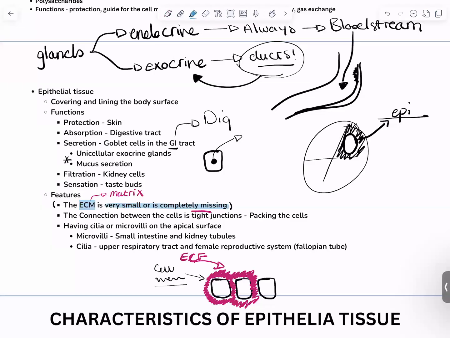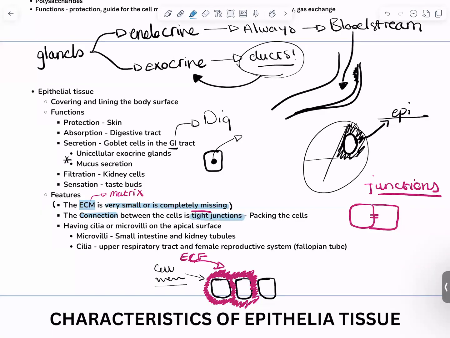And between the cells, there's a kind of connection. We call them junctions. When we have a connection between two cells, in biology, we call it a junction. The very specific type of junction, or connection between the cells in the epithelial tissue, is the tight junction.